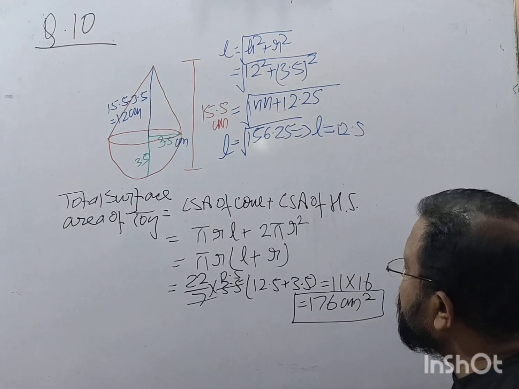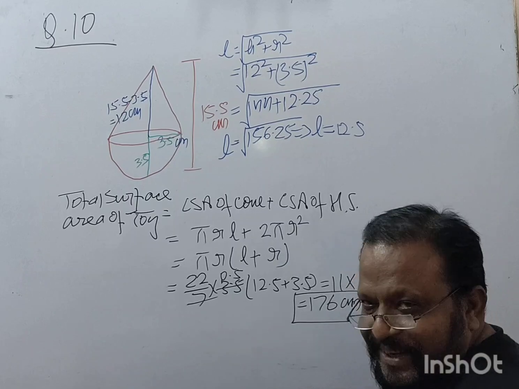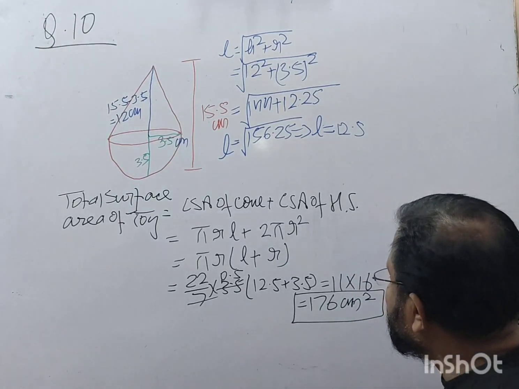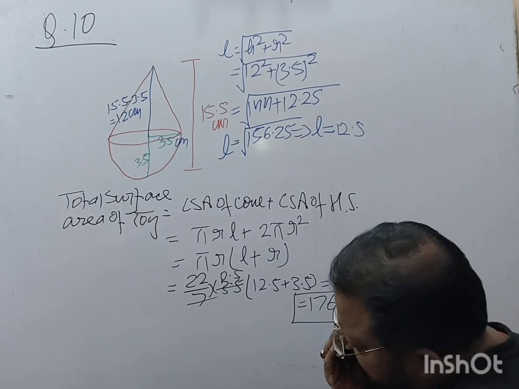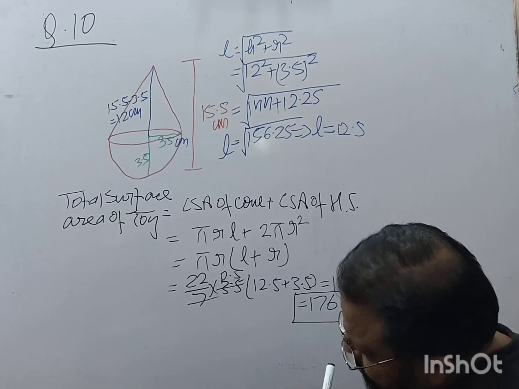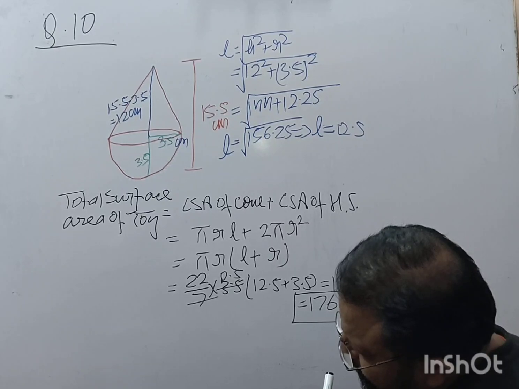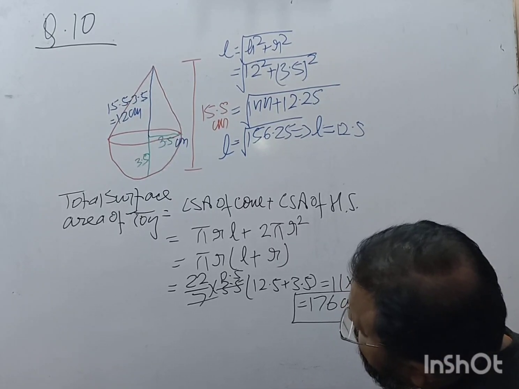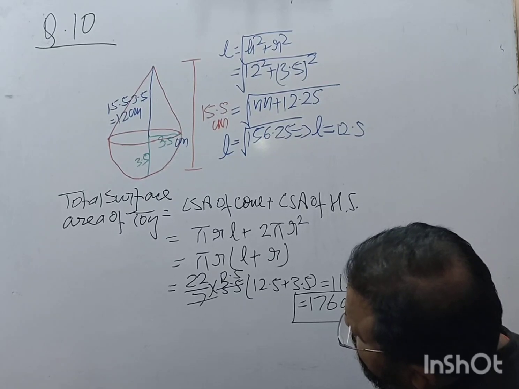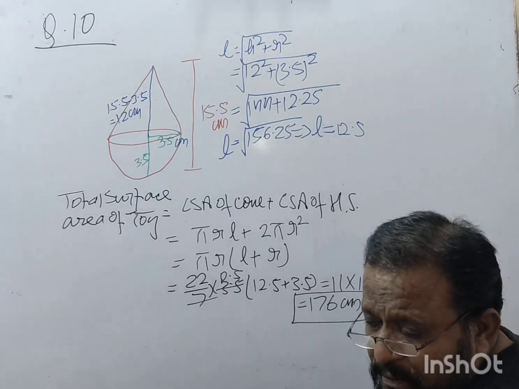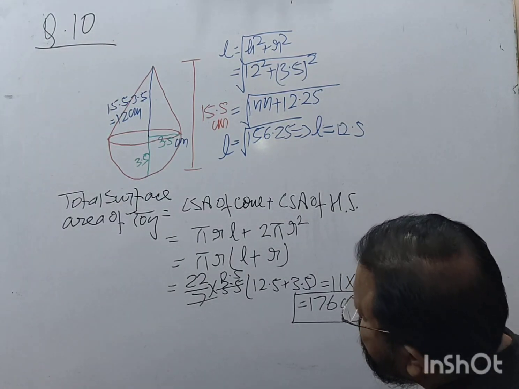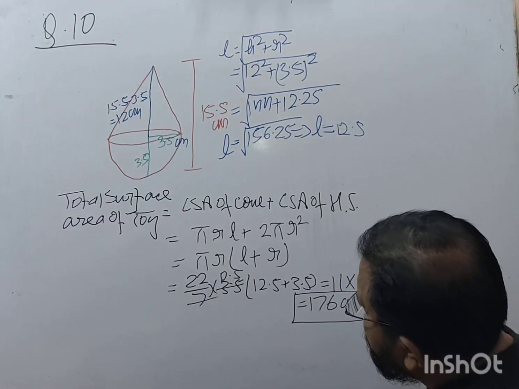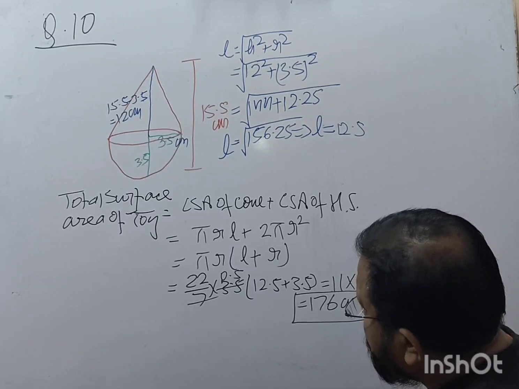The question says: a toy in the form of a cone of radius 3.5 centimeter mounted on a hemisphere of same radius. If the total height is 15.5 centimeter, find the total surface area and volume of the toy.